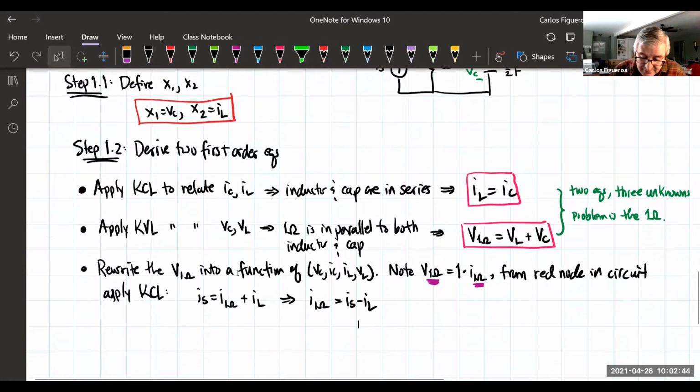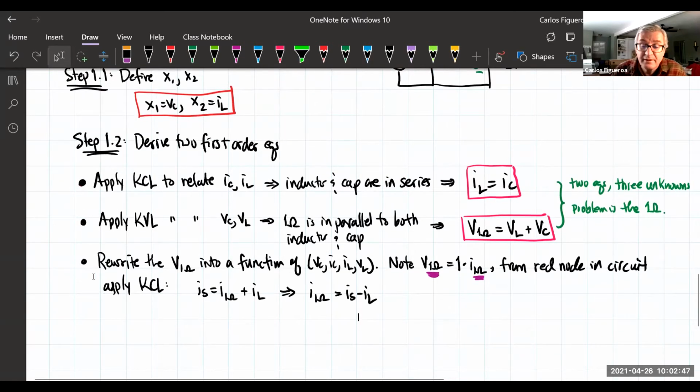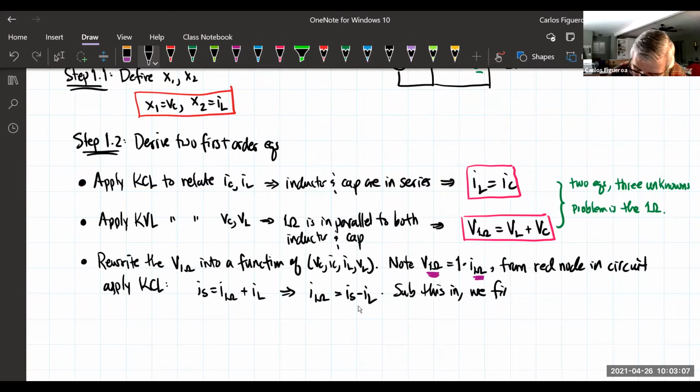So then that means here I can rewrite that term now. Okay, so if I rewrite that term, what I'm seeing here is that I now have 2 equations and 4 unknowns. So if I sub this in, we finally get IL equal to IC.